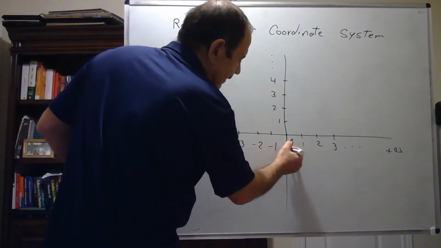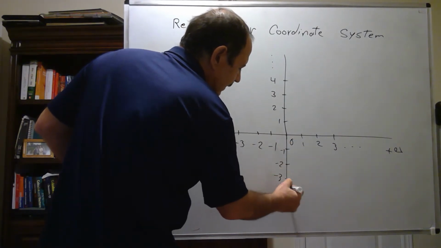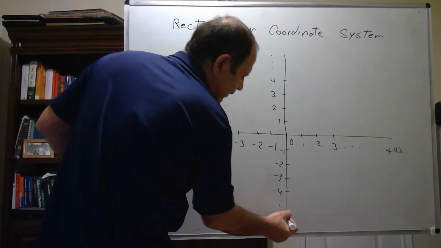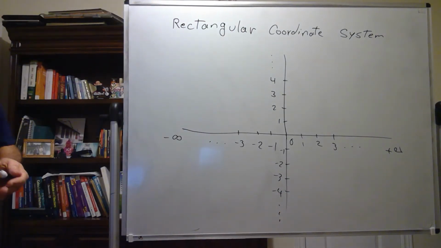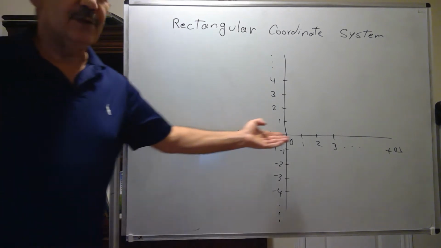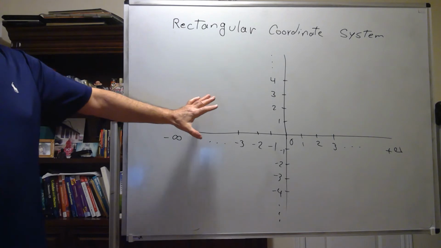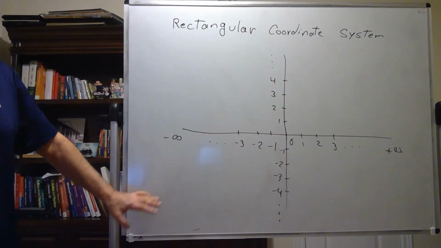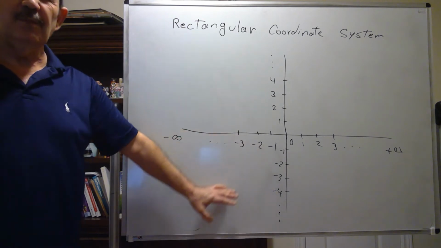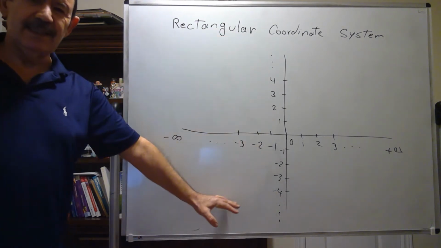On the other side, -1, -2, -3, -4, and again continue to very small numbers. So we have two number lines, one horizontal and the other vertical. We call this system, which is in the plane surface, the two-dimensional surface, the rectangular coordinate system.